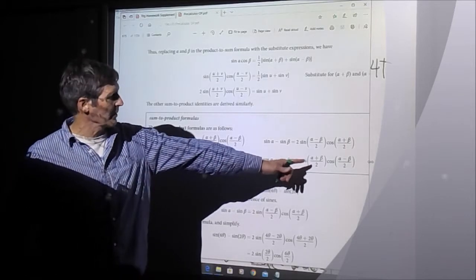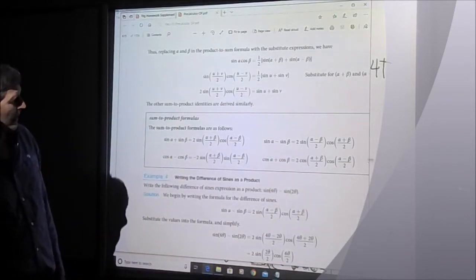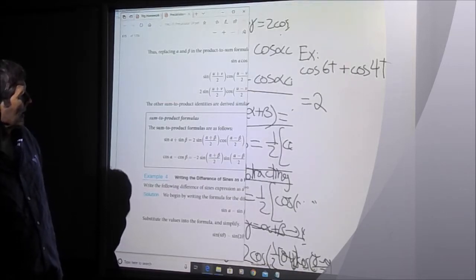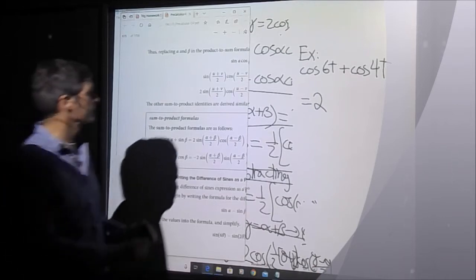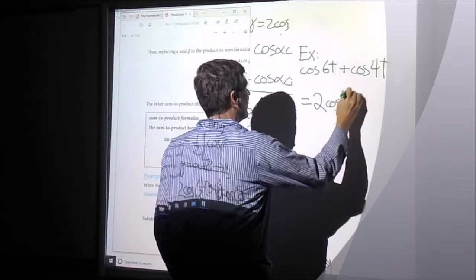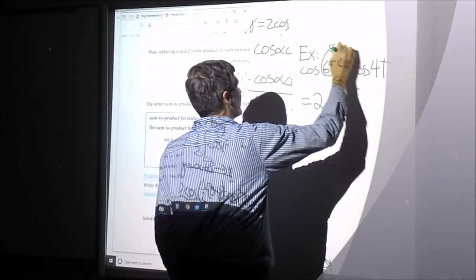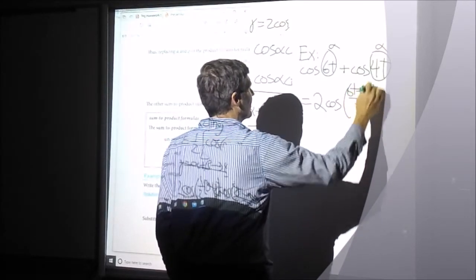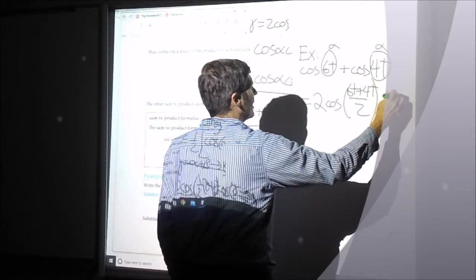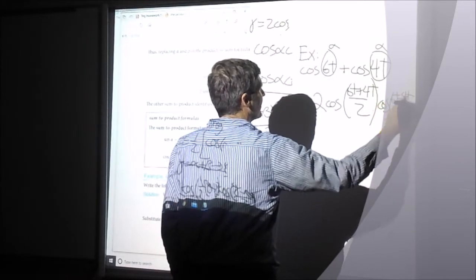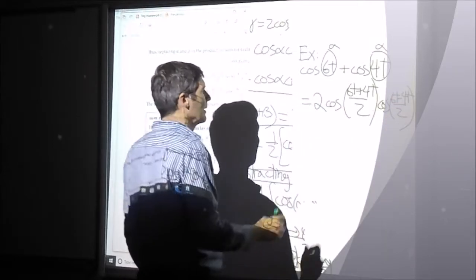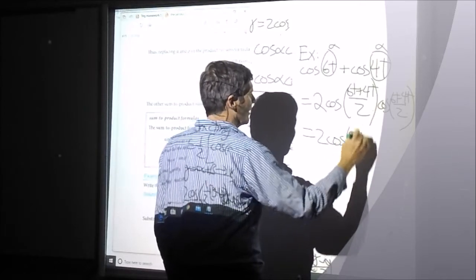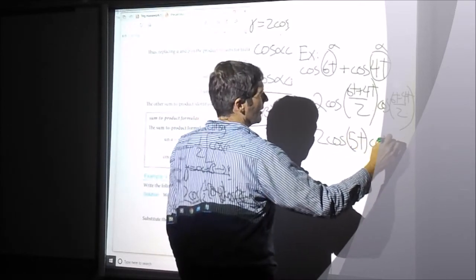Cosine plus cosine is twice cosine of the sum over 2, cosine of the difference over 2, we recall. So we call this alpha and beta again. Cosine of the sum over 2, cosine of the difference over 2 is twice cosine of 5t times the cosine of t.